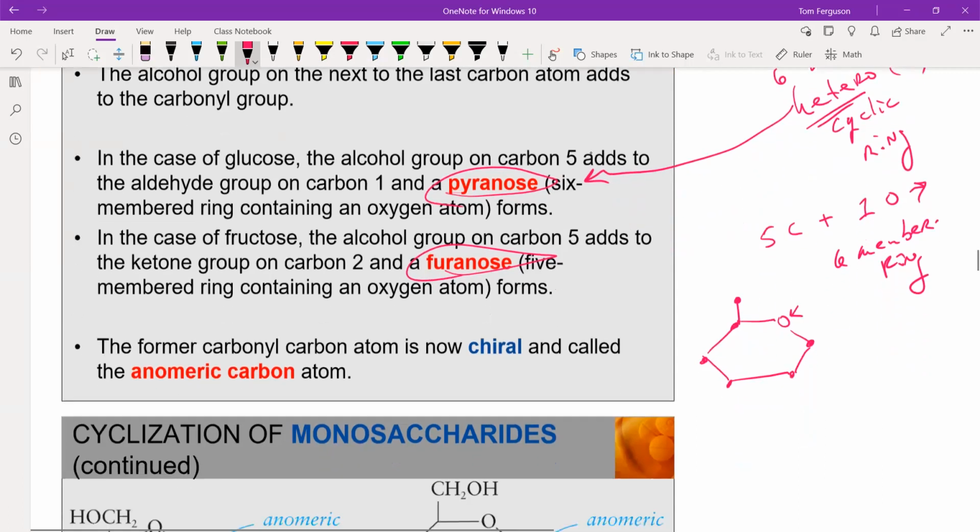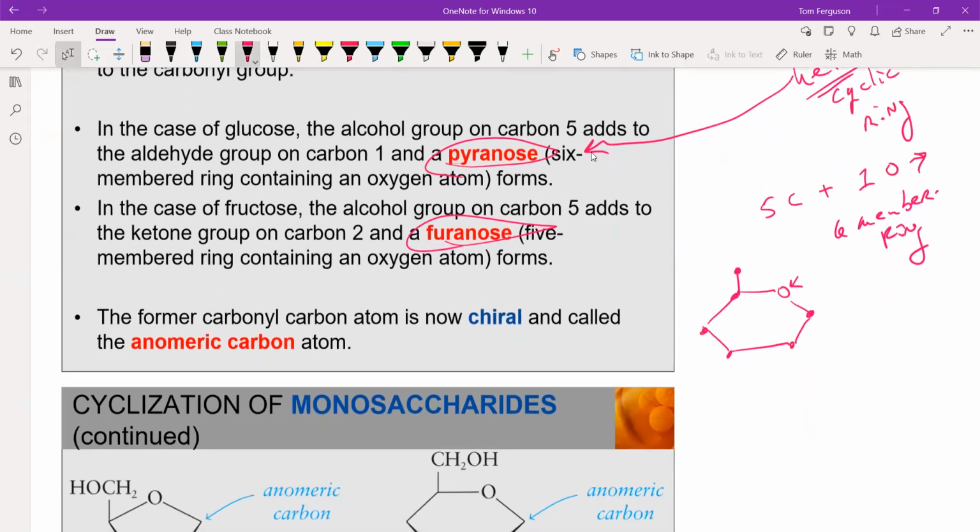A furanose, same thing. Well, it's got 4 carbons instead of 5, and it's got an oxygen in there.